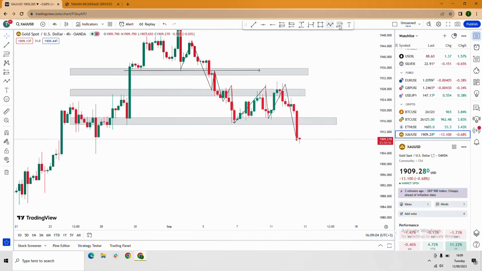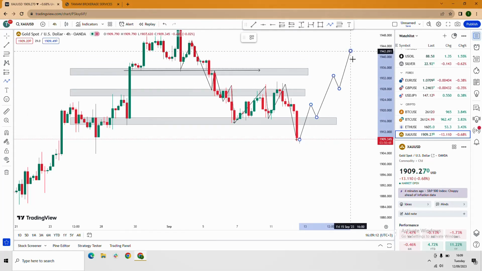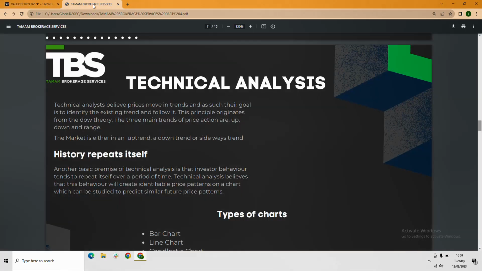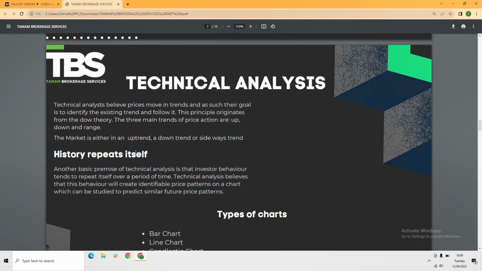Let's say, for instance, price has been breaking while going to the downside, but in this case it breaks and goes above to the upside. We'll now identify this trend as an uptrend, so we'll want to follow it in order to make money. That's literally what technical analysts do.